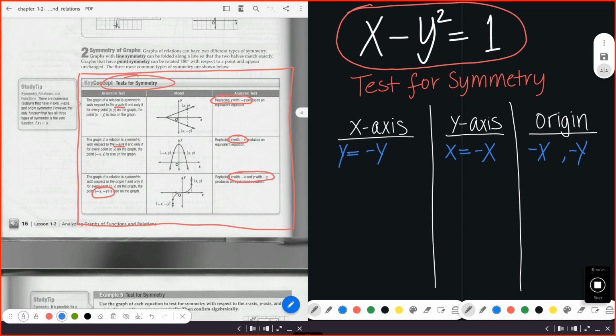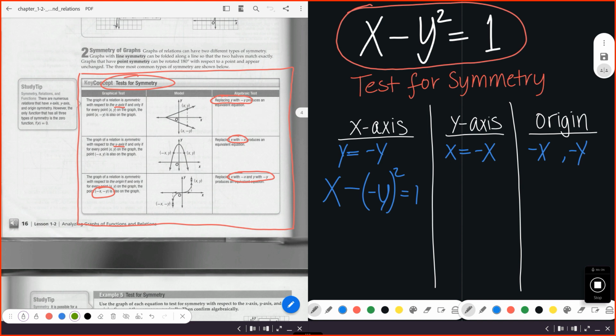Okay, let's plug those into our formula here. So we have x minus a negative y, well, that's a weird y, squared equals 1.